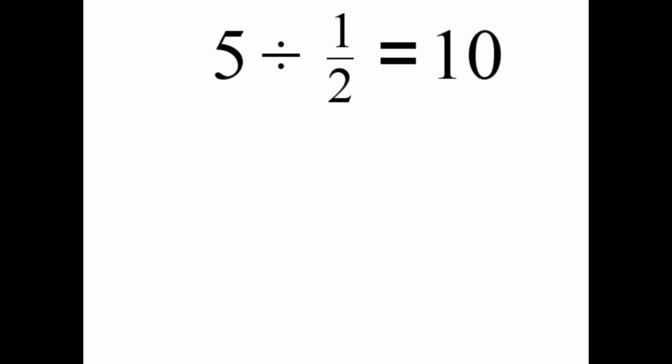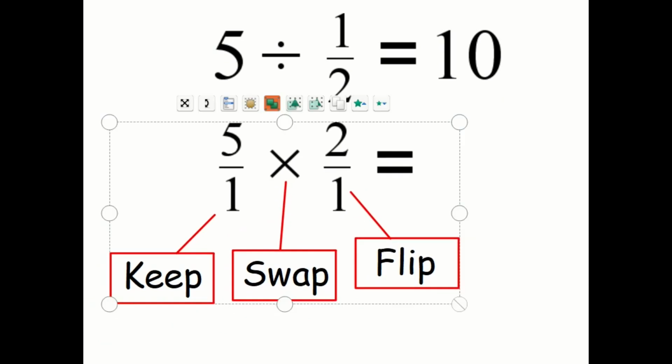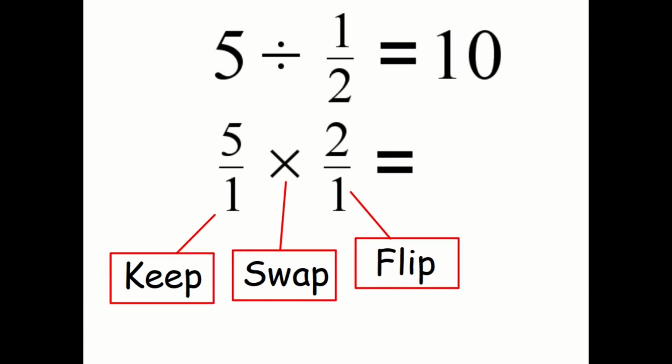So where does my rule come in? We keep the first part the same. 5 can be written as 5 over 1. You can write any whole number as a fraction over 1. So we keep that the same. We swap this sign, so we swap the division for a multiplication, and we flip this final part.